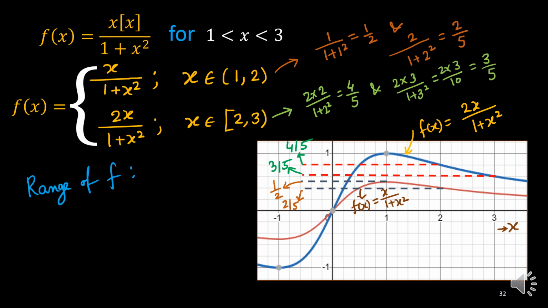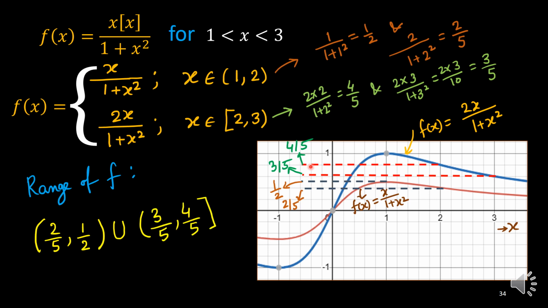So the range of the function we can write as 2 by 5 to half for the first interval, union with the second interval 2 to 3. Here you can see this is closed, including 2, which gives the highest one, 4 by 5, and 3 gives 3 by 5, the corresponding lowest one. So this is open, be careful here.